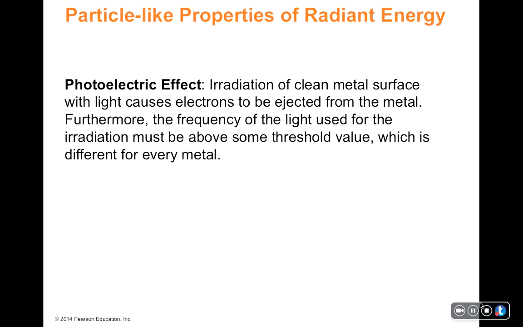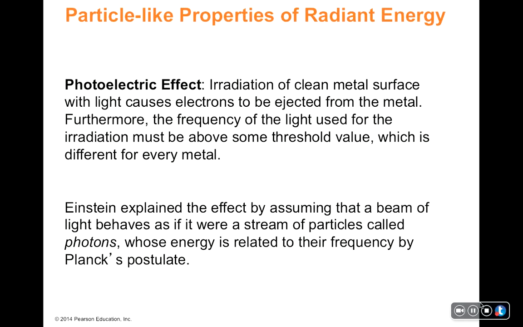So this was just another piece of information that they had at the time when they were trying to learn more about atoms in general. And from that information, he explained that perhaps that beam of light is behaving like a stream of particles. These particles were then called photons, and as having a particle nature, they had a particular energy that was related to their frequency by Planck's postulate.